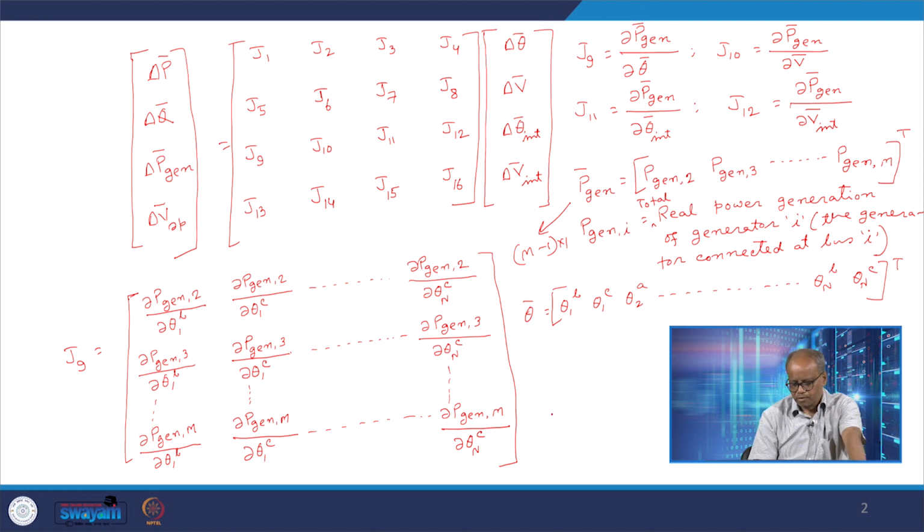And we again note that theta 1 a is equal to 0, so it is the reference angle, and generator 1 is the slack bus.